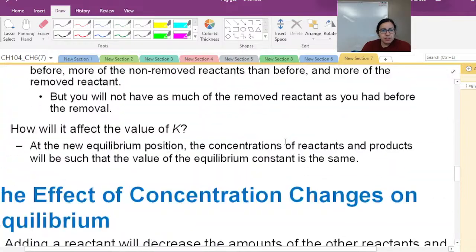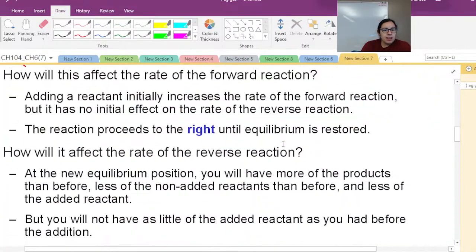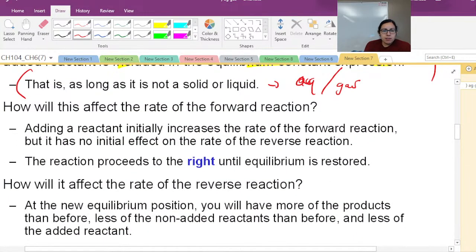So let's go back to the text for a second. It's saying, how will this affect the rate of the forward reaction? Initially, our new reactant is going to increase the rate of our forward reaction since we literally have more in there. But there's no initial effect on the reverse reaction since we don't have any products added.